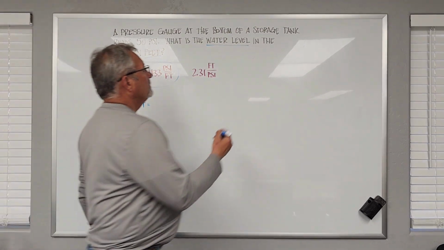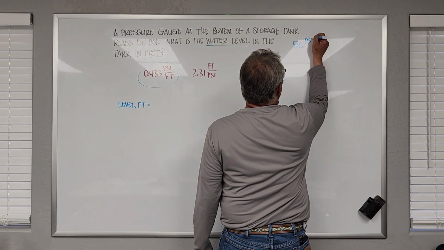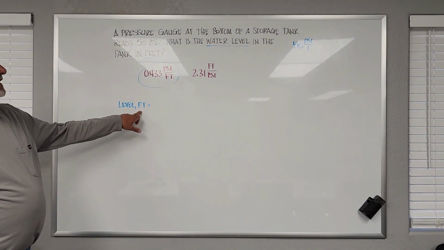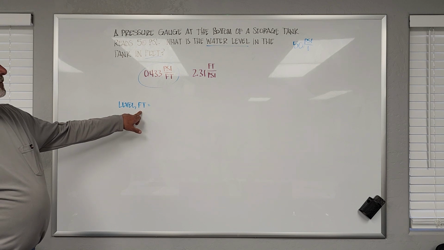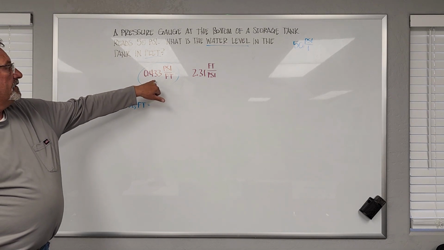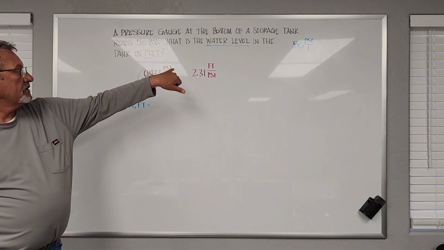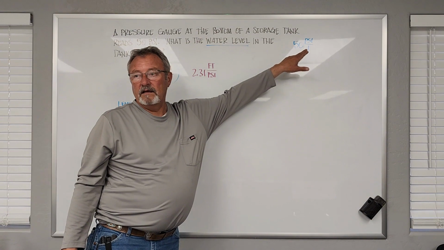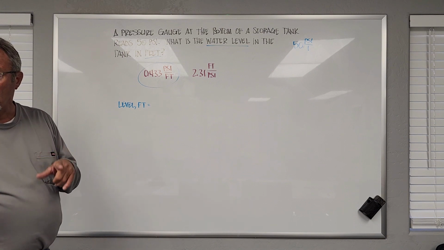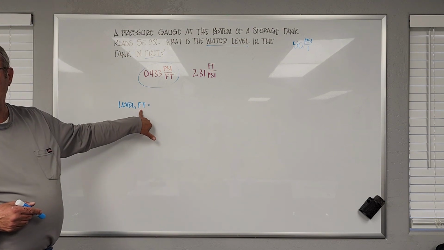I'm going to rewrite 50 PSI over 1. I'm trying to get feet. So if I write PSI is 50 PSI over 1, and this is the conversion factor that I want to use, and the PSI is above the division line here and above the division line there, then I can't cross cancel if I multiply. However, if I divide, I can cross cancel out the PSI because my answer is going to be in feet.